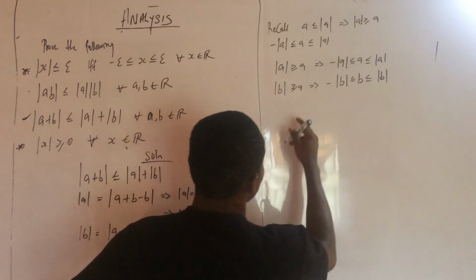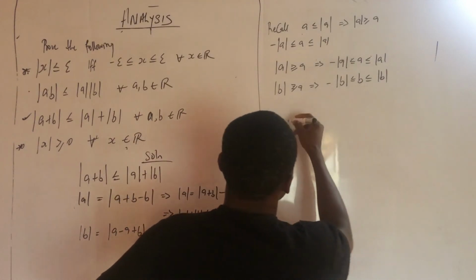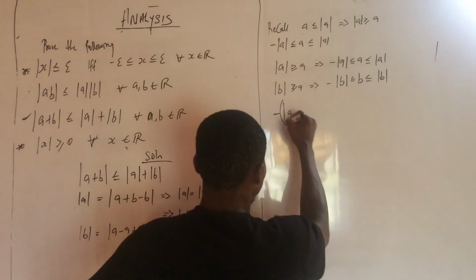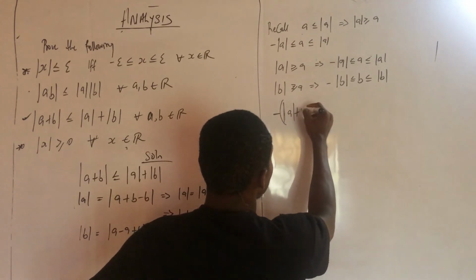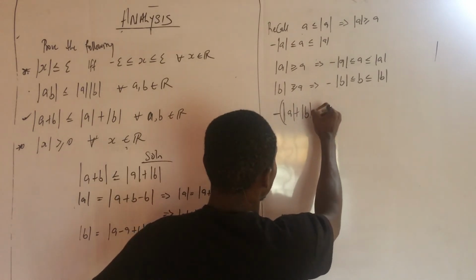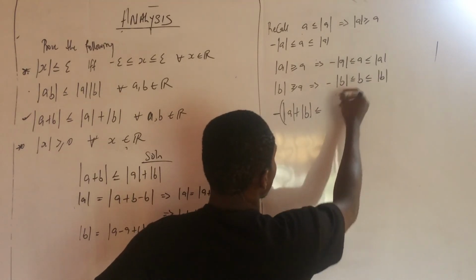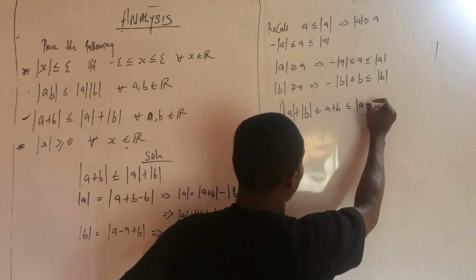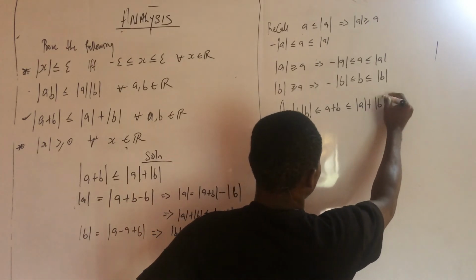When we add these two together, we're going to get that minus the absolute value of a plus the absolute value of b is less than or equal to a plus b, which is less than or equal to the absolute value of a plus the absolute value of b.